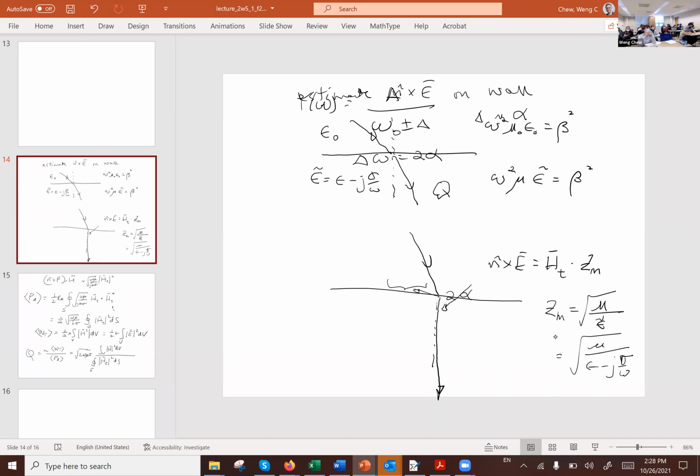Here, Z_m is given by this. Remember when we have a plane wave, the E field and H field, and this is the beta vector, this is E and this is H, or maybe it's the other way around. It's the other way around.